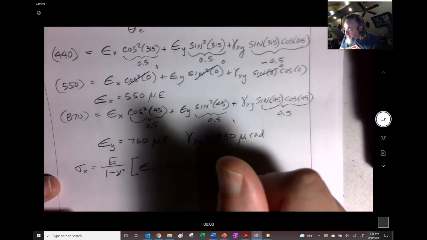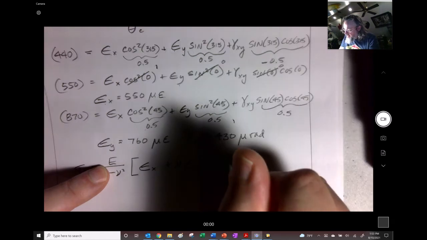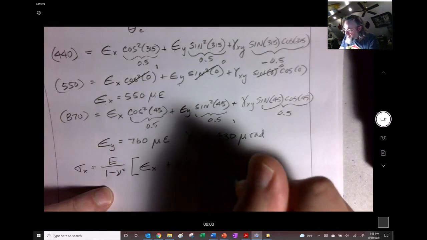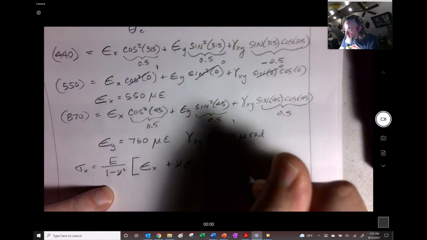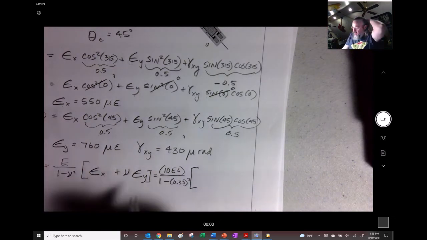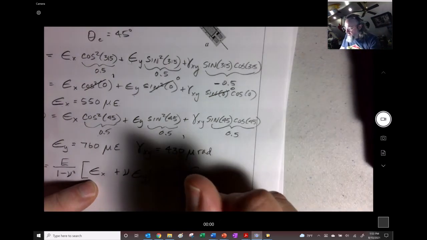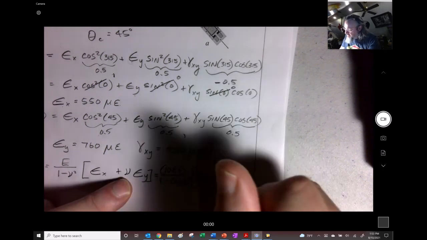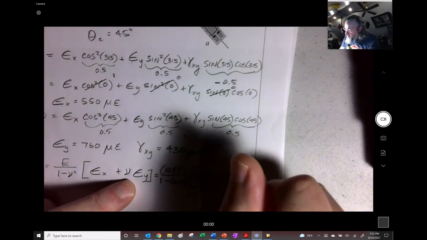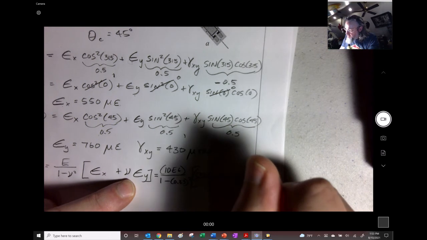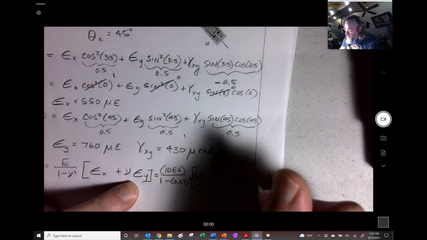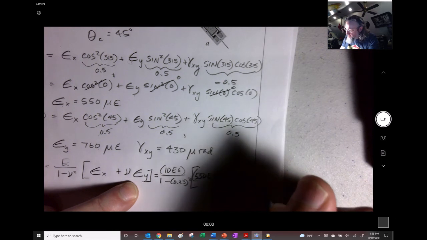So if we stick that in there, we have 10e to the 6 divided by 1 minus 0.33 squared. And this right here is going to be 550 e to the minus 6 plus 0.33 times 760 e to the minus 6, and I ran out of room.